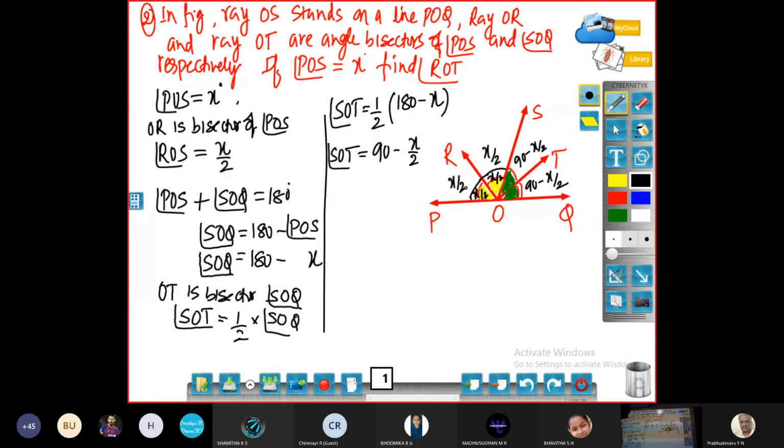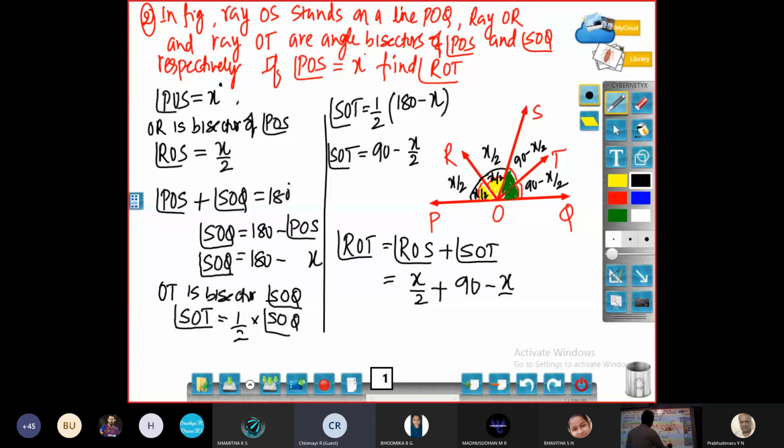Now I want angle ROT. Look at the diagram and tell me. ROT is the sum of ROS plus SOT. What is ROS? Sir, x by 2. Then what is SOT?